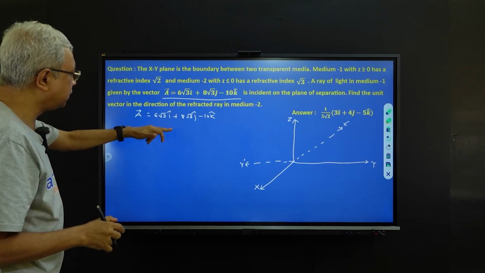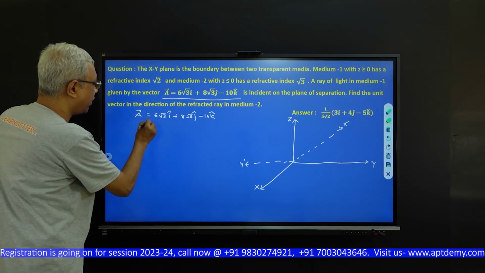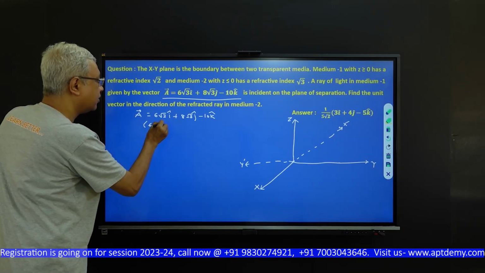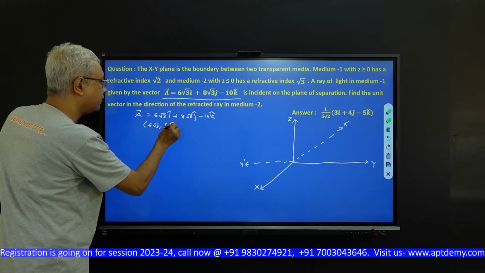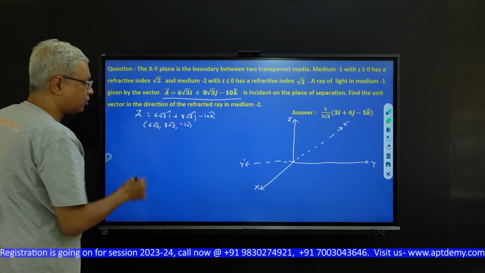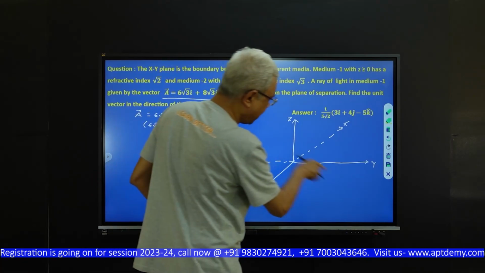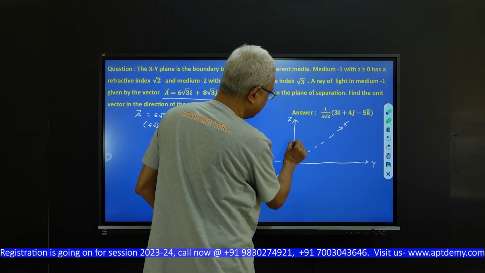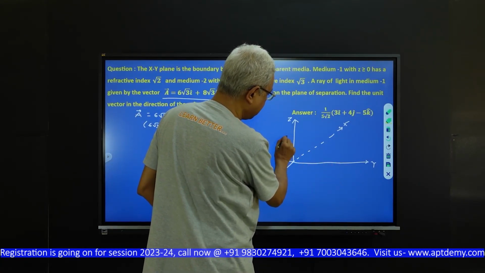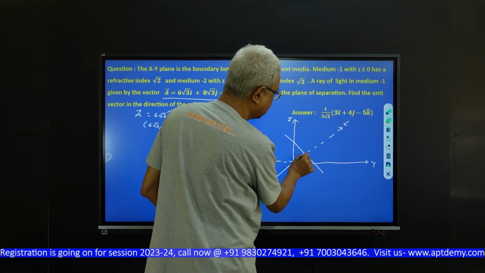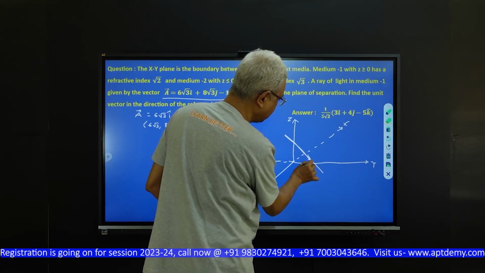That means it is the position vector of the point (6√3, 8√3, -10). So the ray can be drawn like this. This is the incident ray.